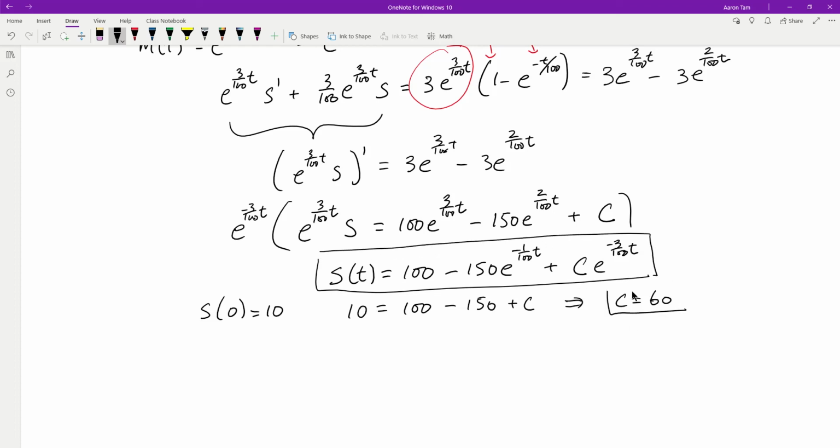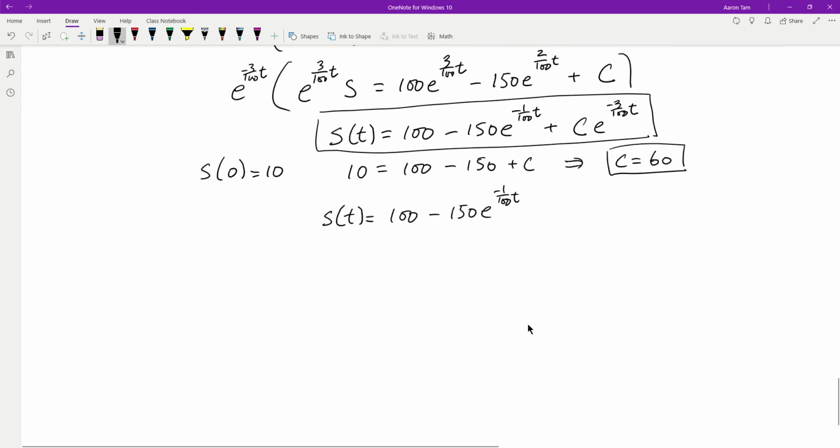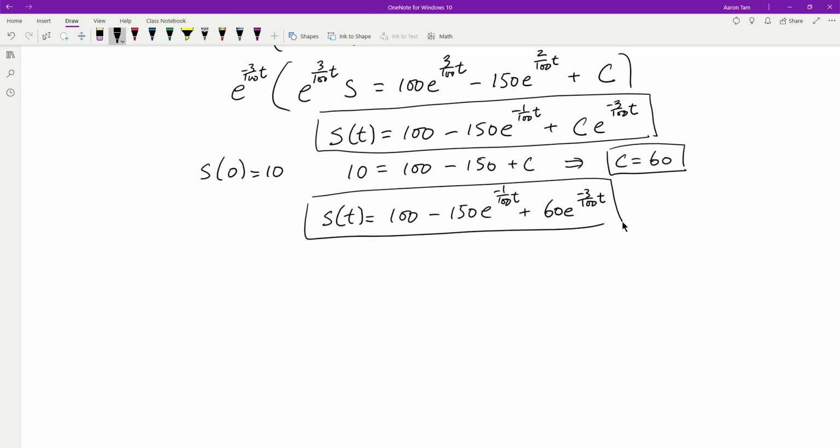Now we just find our C value. Now I can present my solution. In this case, our solution S(t) would equal 100 minus 150e^(-1/100 t) plus 60e^(-3/100 t). That equation will now model the amount of salt in this problem.